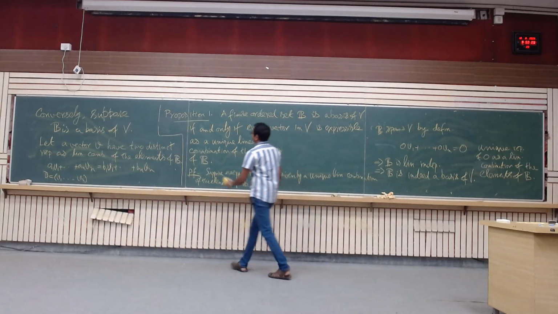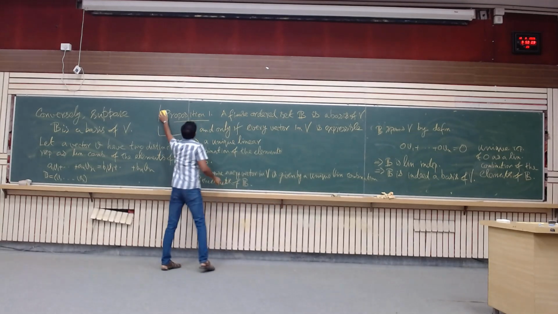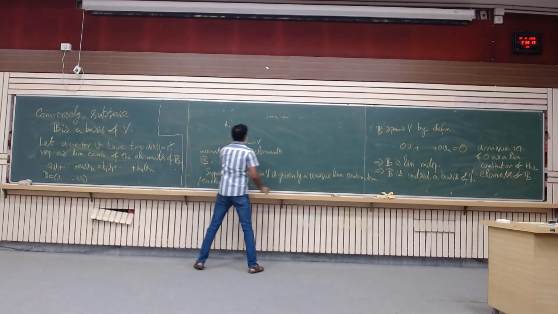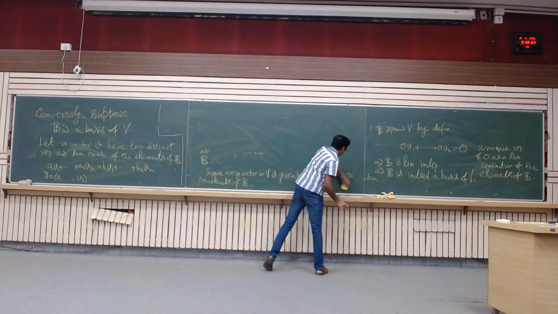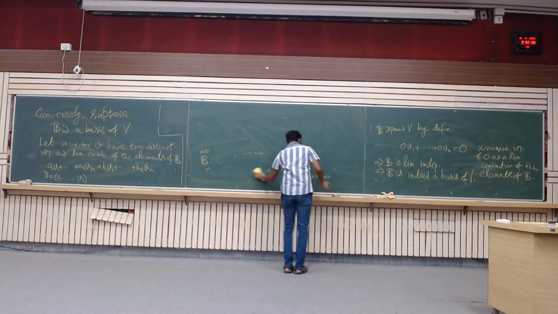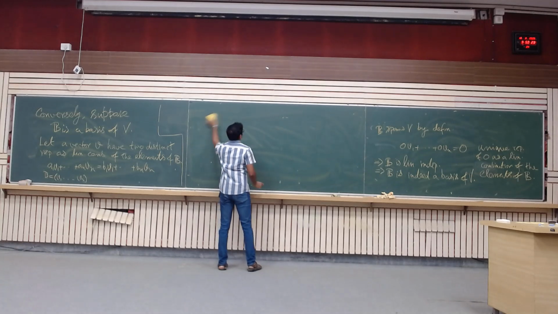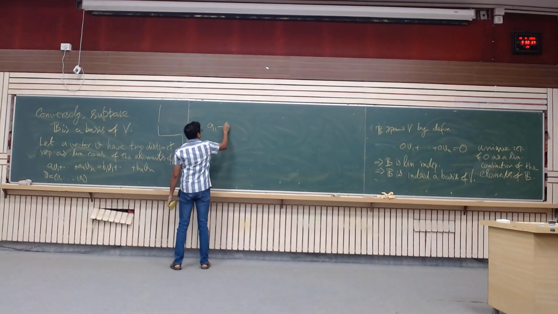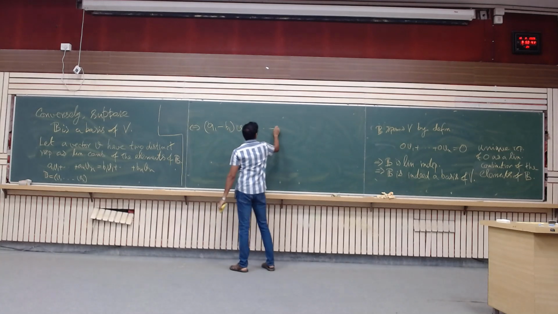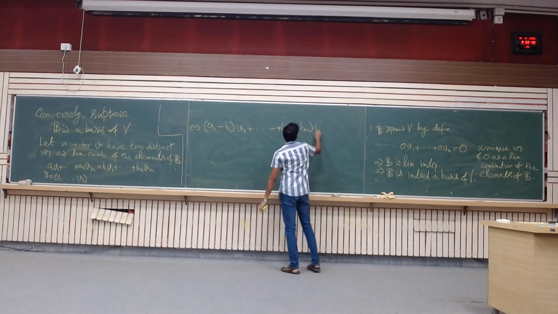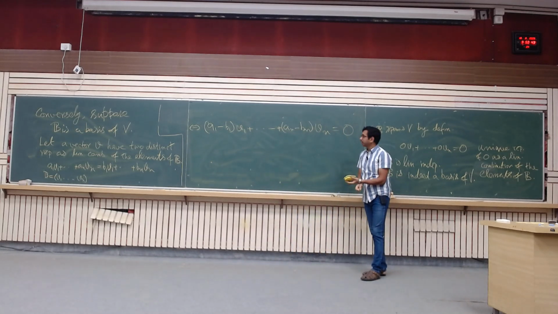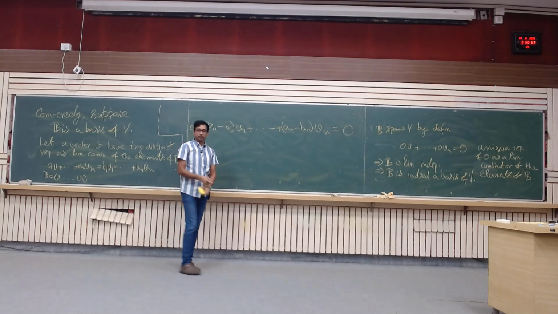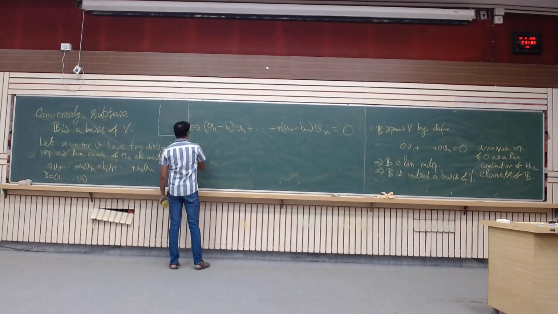Now that will mean that, can you work this part out, the middle part? Okay, so that will mean that A1 minus B1 times V1 plus up to An minus Bn times Vn is equal to 0, right? And we had that V is a basis. That means the elements are linearly independent.